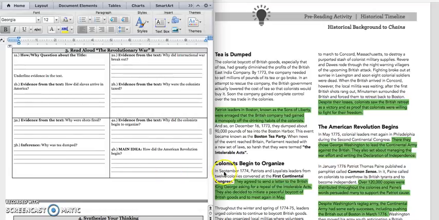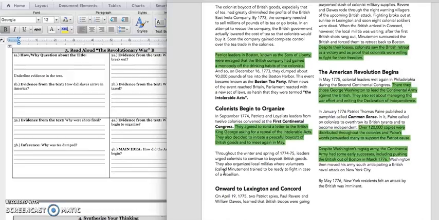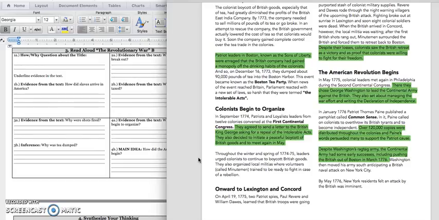We're at "Colonists Begin to Organize." In September 1774, Patriot and Loyalist leaders from the 12 colonies convened at the First Continental Congress. They agreed to send a letter to the British King George asking for the repeal of the Intolerable Acts.